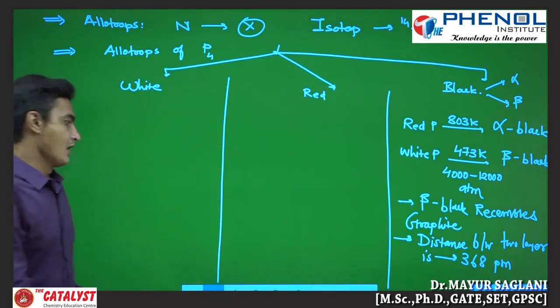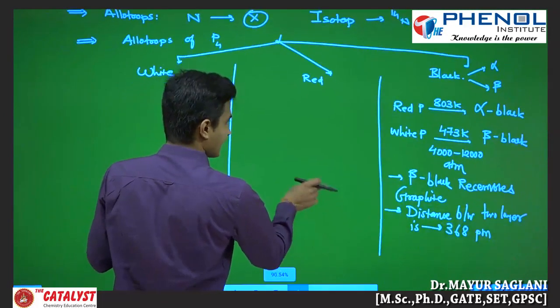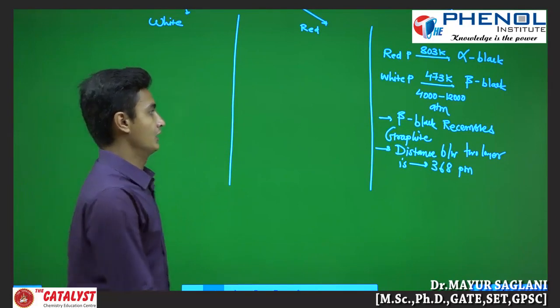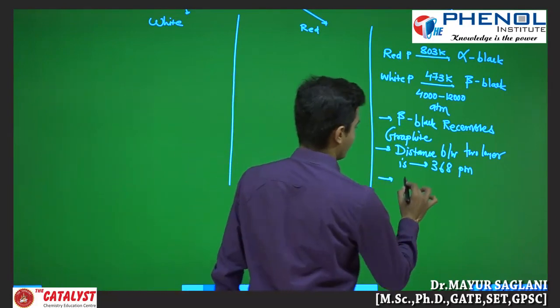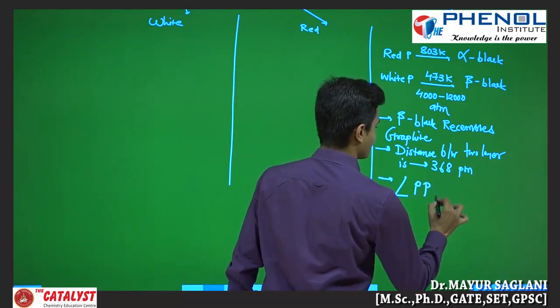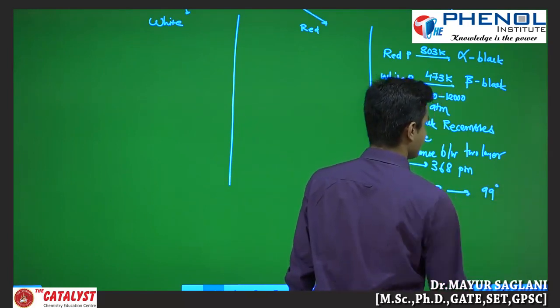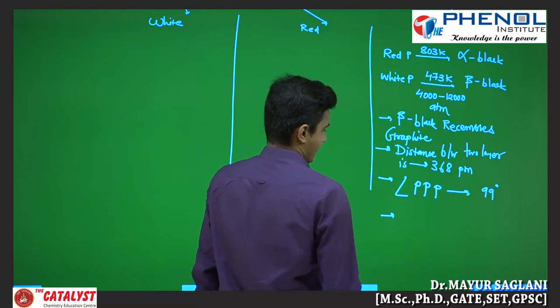Okay, fine. Next we will see the bond angle. Phosphorus bond angle is 99 degrees.